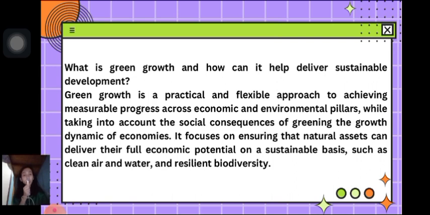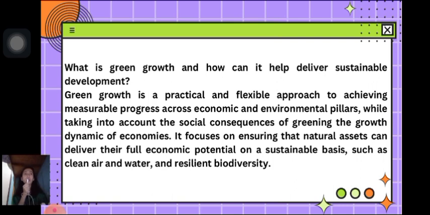Green growth is a practical and flexible approach for achieving measurable progress across economic and environmental pillars, while taking into account the social consequences of greening the growth dynamic of economies. It focuses on ensuring that natural assets can deliver their full economic potential on a sustainable basis, such as clean air and water and resilient biodiversity.